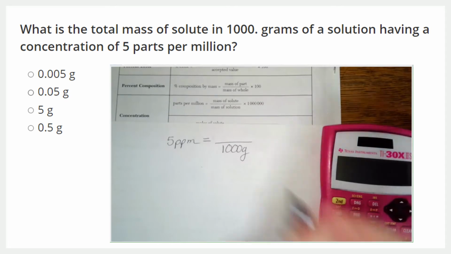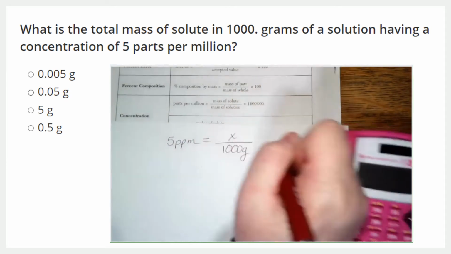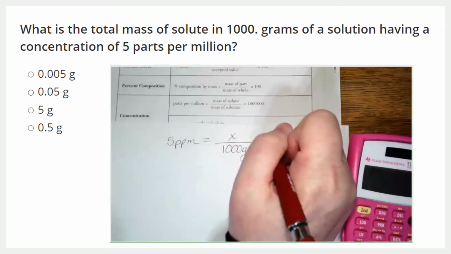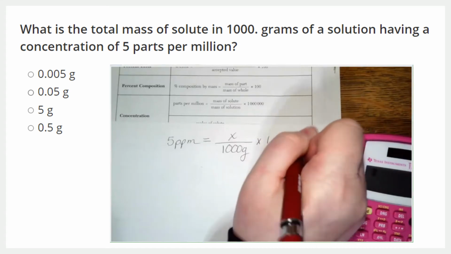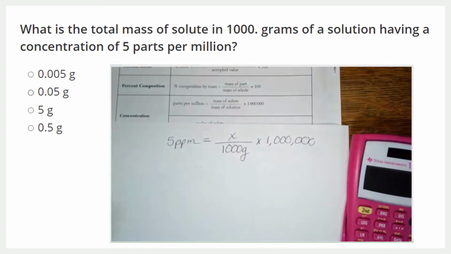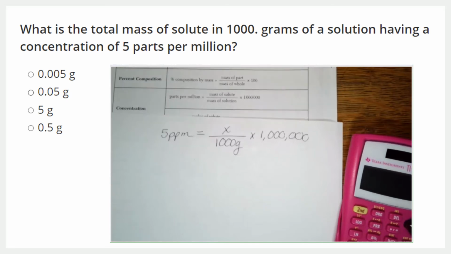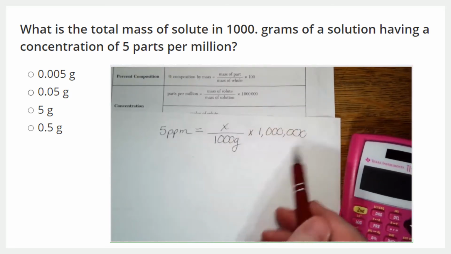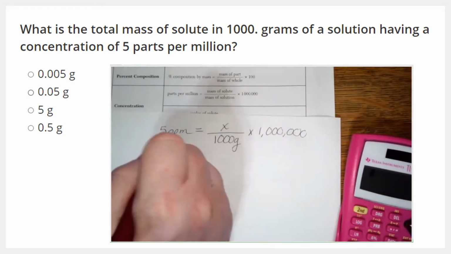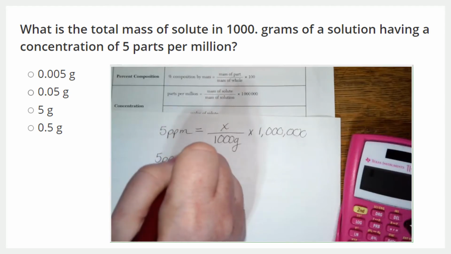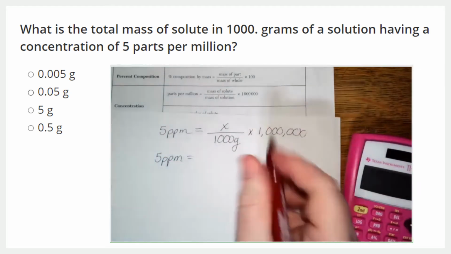So what I'm trying to find is this. But what I cannot forget is times a million. I don't want to ever leave that out. Okay, so what I'm going to do is combine these like terms on this side. So I'm going to end up with 5 ppm on this side.